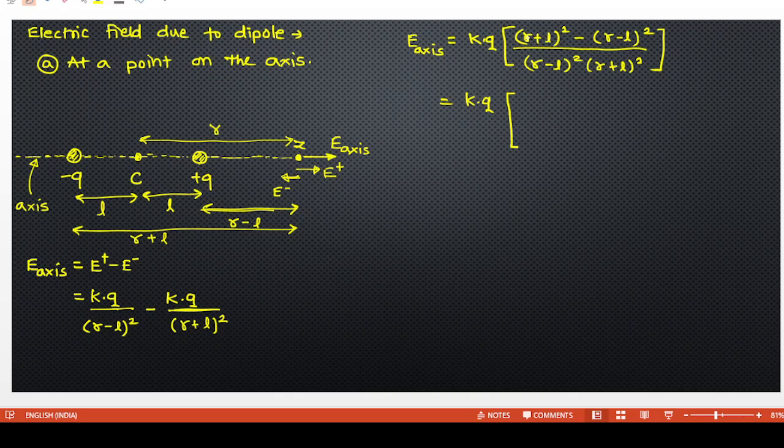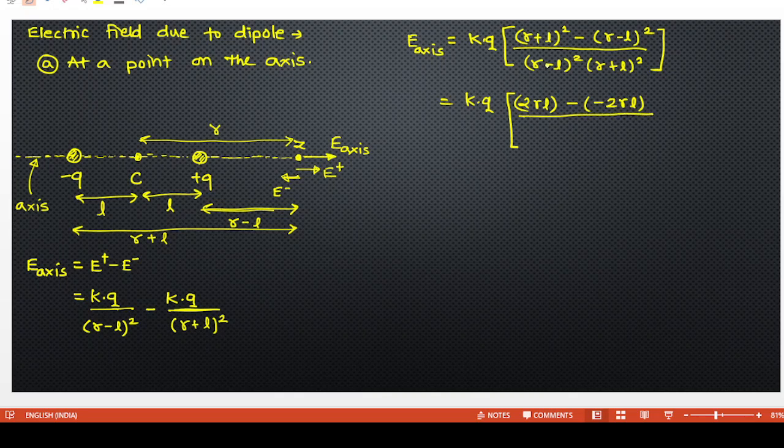But this 2rl, minus in the bracket, expansion of this square is minus 2rl. (a plus b) square is a square plus 2ab plus b square, and (a minus b) square is a square minus 2ab plus b square. A square and b square cancel by subtraction, but 2ab and 2ab get added.